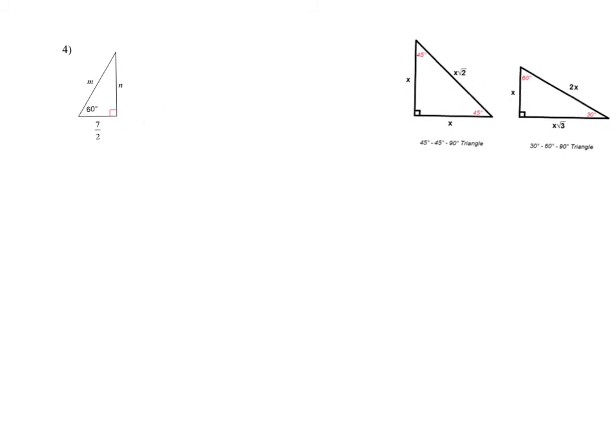So the next one, again, I'm going to identify my triangle. This one is a 30, 60, 90 triangle, so I'm using this one right here. Because this angle is 30, this is the smallest side. The hypotenuse is whatever the smallest side is times 2, twice that measure.